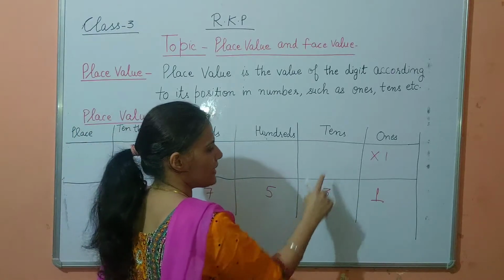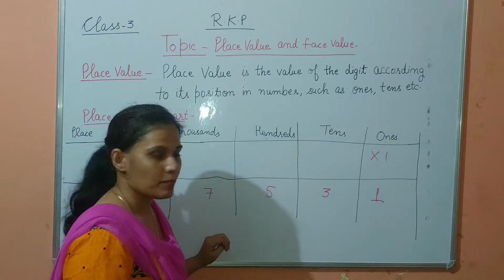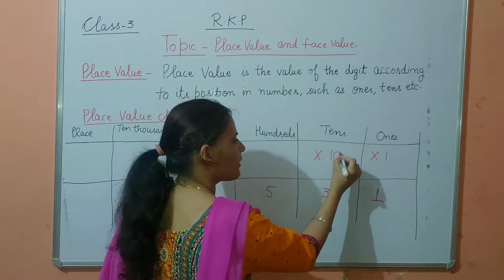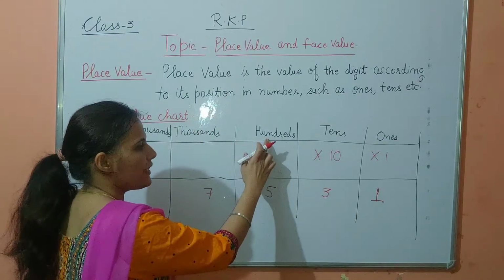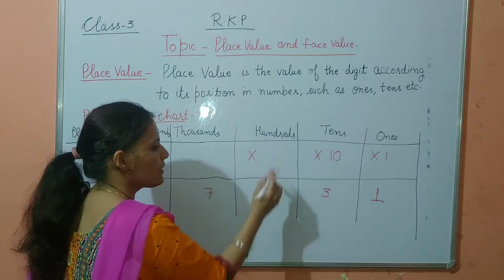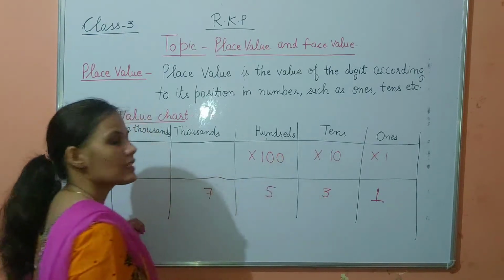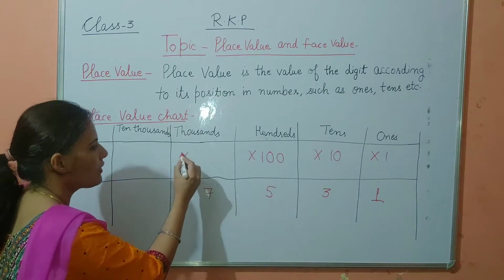When any digit comes on tens place, you say 3 tens, means you multiply this digit with 10. Again, at hundred place you multiply this digit with 100. Similarly, you multiply this digit with 1000.